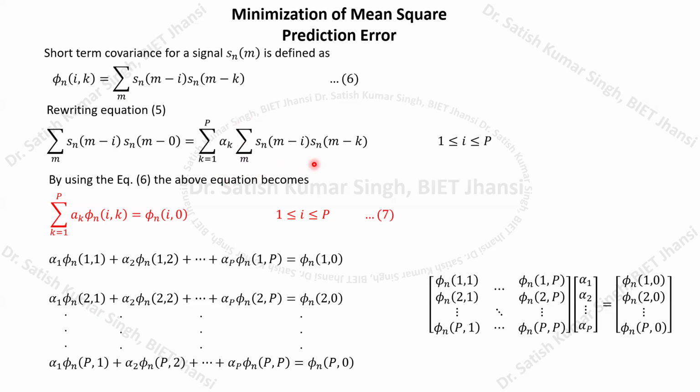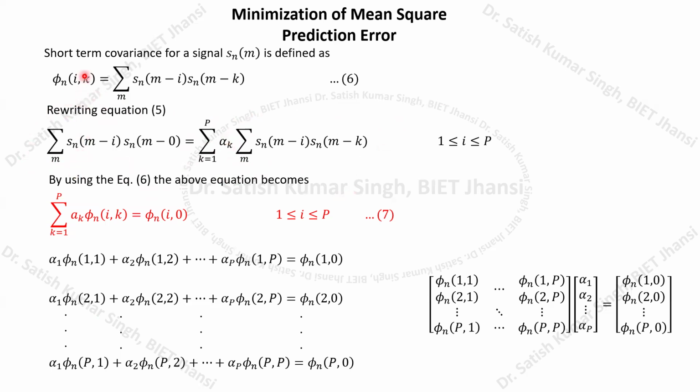Now you can see that the left hand side summation and the right hand side summations are equivalent to the definition of the short term covariance, phi n i comma k.